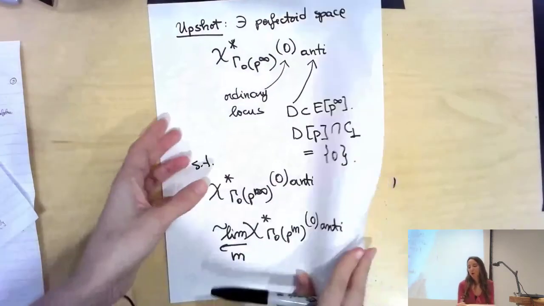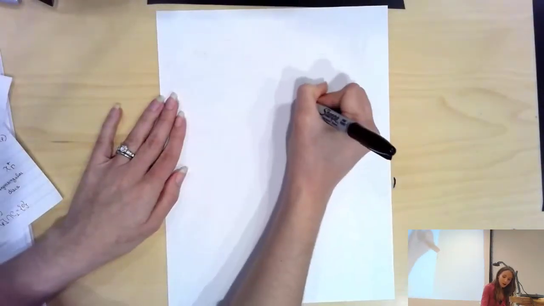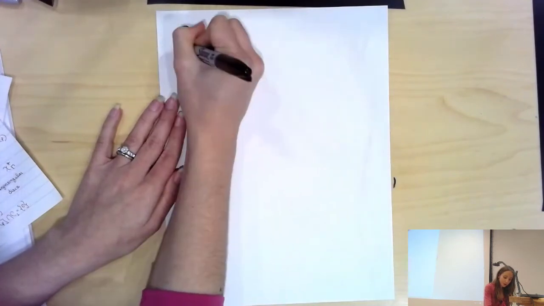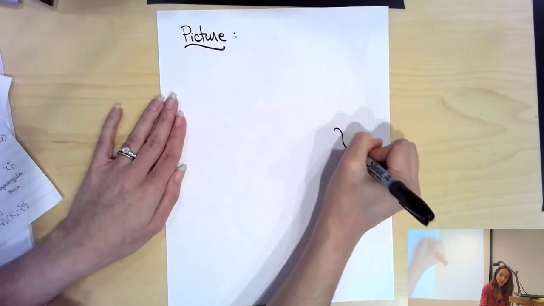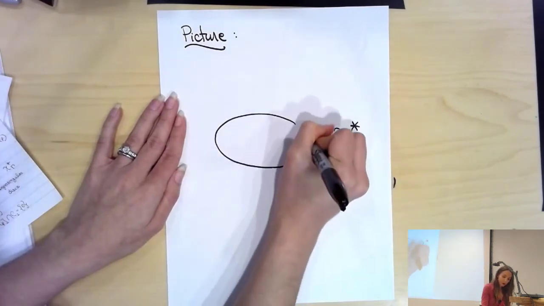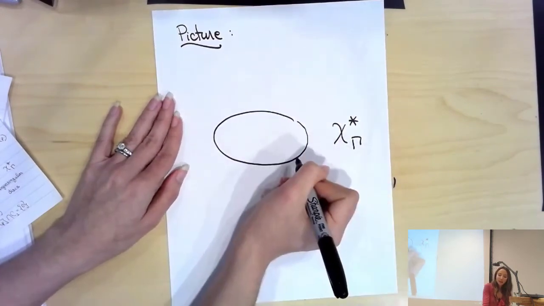Maybe before I move on to saying something more, it'd be a good idea to draw a picture. So, yeah, X star gamma. Let's say that X star gamma looks something like this.